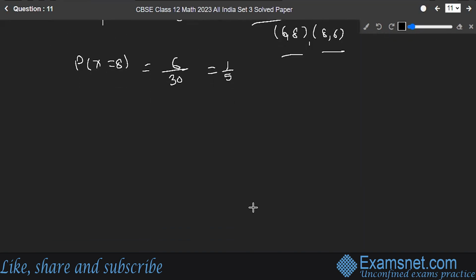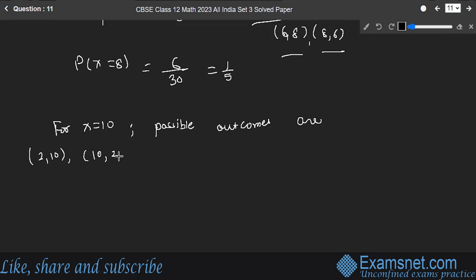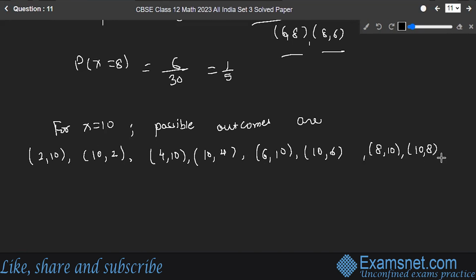Now for x equal to 10, what are the possible outcomes? 2, 10, 10, 2, 4, 10, 10, 4, 6, 10, 10, 6, 8, 10, 10, 8.